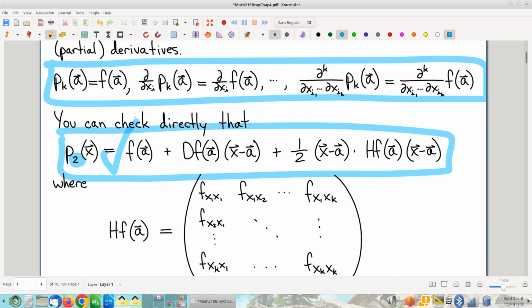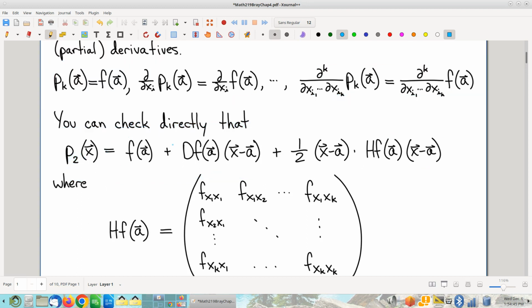And again, you're going to notice a couple of things immediately. For one thing, the first two terms make up the linear approximation, just like they did in the single variable case. And so additional terms are just being used to mimic the function in the additional derivatives, in this case, second derivatives.